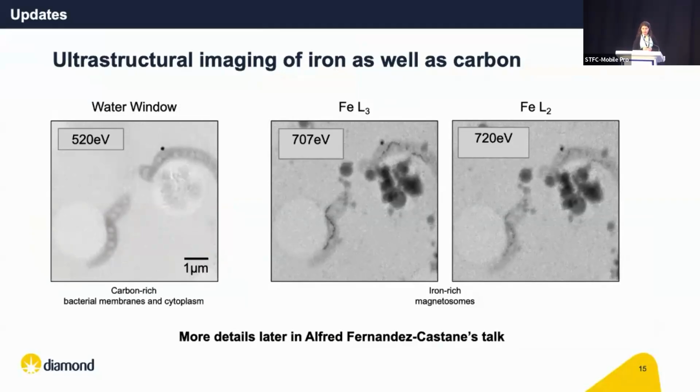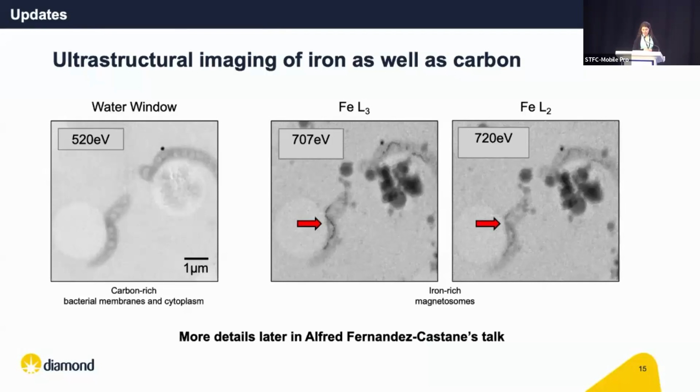Many users have used the Beamline to identify the position of iron-rich vesicles within multiple different cell types. So at this stage, we can map not only the carbon distribution within the cell, but also some specific elements in the cell itself.